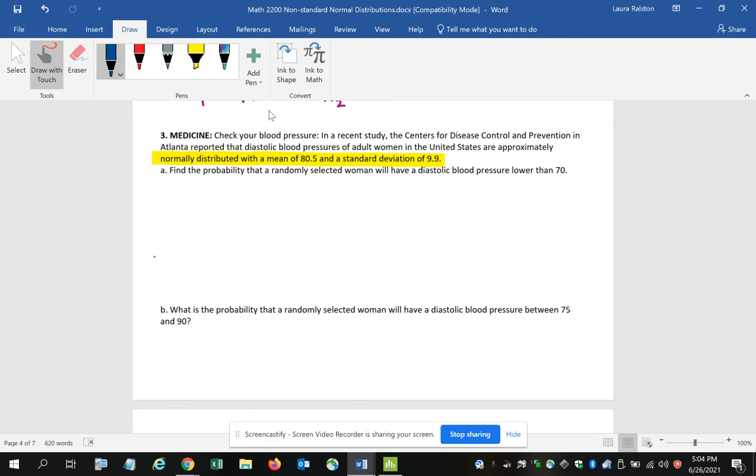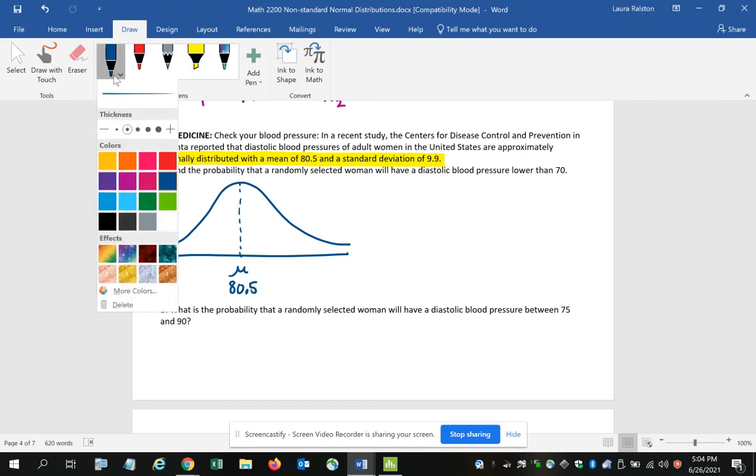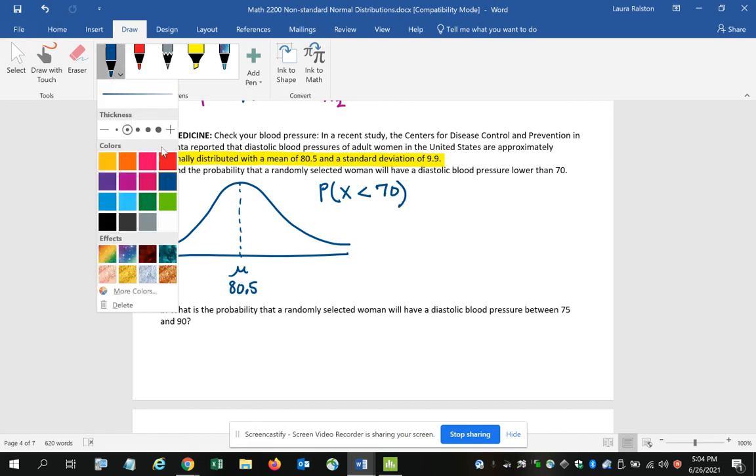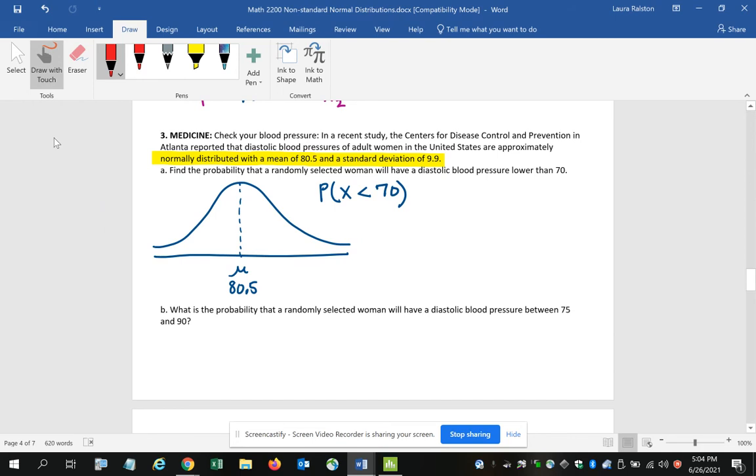If I do a rough sketch here, I have a horizontal axis and my bell-shaped curve with a mean of 80.5, and I want to know the probability that a woman's blood pressure is less than 70. 70 would be on the left-hand side because it's less than 80.5.